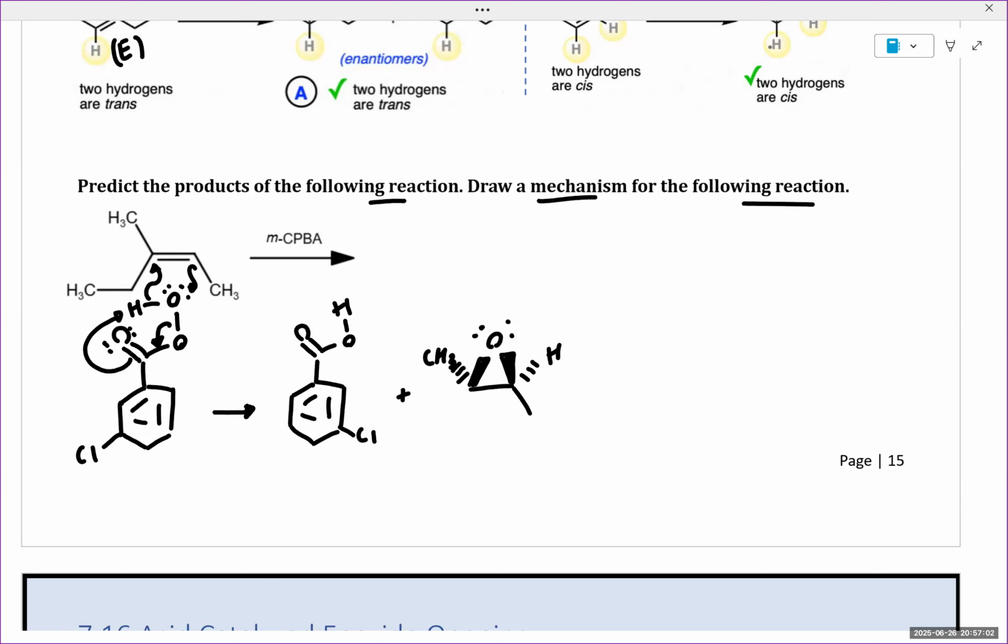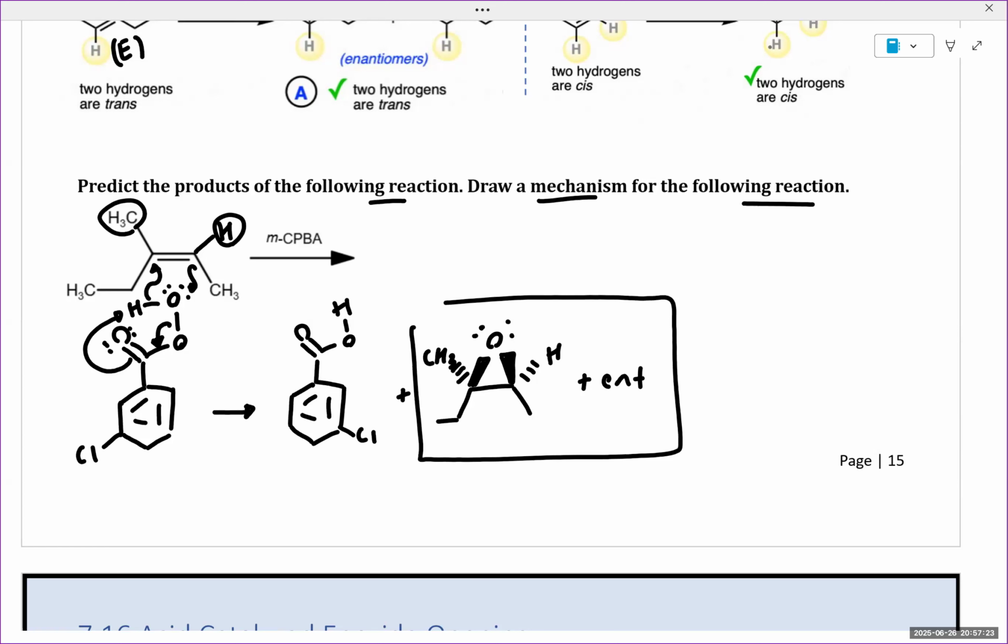And as you can see in our initial alkene, the hydrogen and methyl group are cis on the same side, and that's retained in the product. Just like the methyl and ethyl group are on the same face, and that's retained in the product. You get the following product plus its enantiomer. To show you what the enantiomer would look like, it would entail the oxygen being installed on the bottom face.